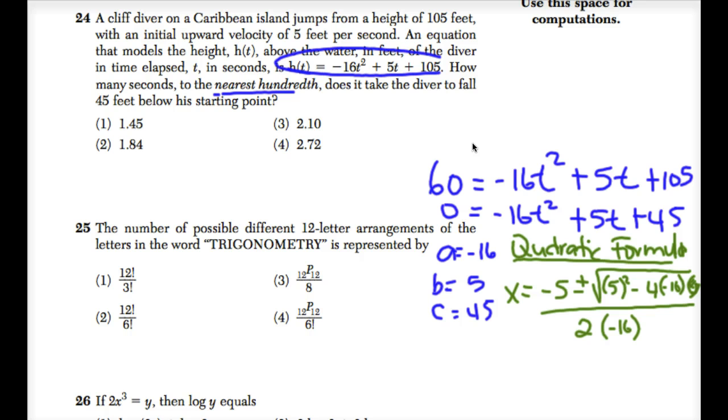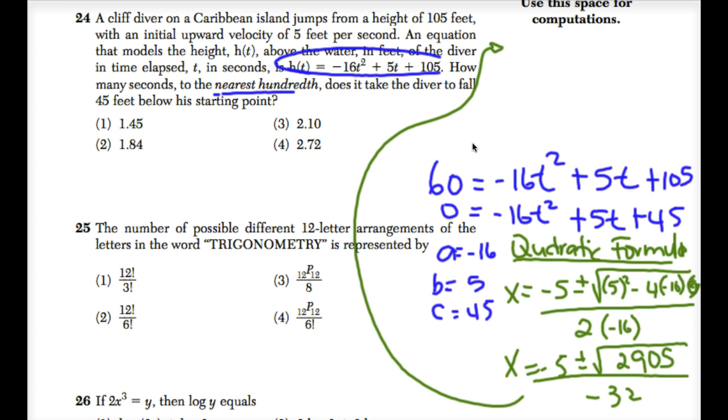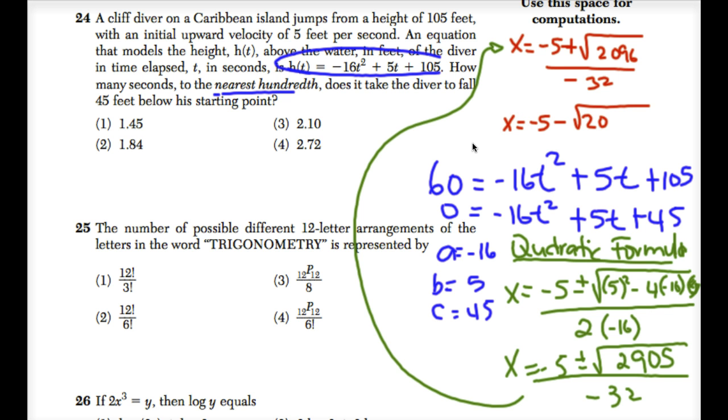This actually works out to be x is equal to minus 5 plus or minus, and I put everything under the radical sign, it becomes 2905 over negative 32. Okay? Now, from this, remember, we can have two answer choices. We can either have x is equal to -5 plus the square root of 2905 over -32, or we can have x is equal to -5 minus the square root of 2905 over -32.